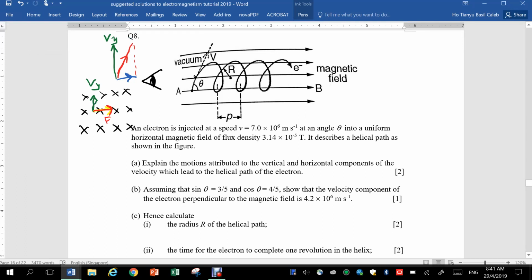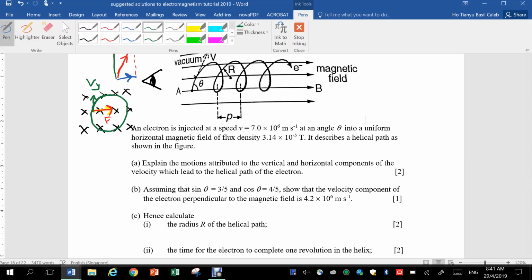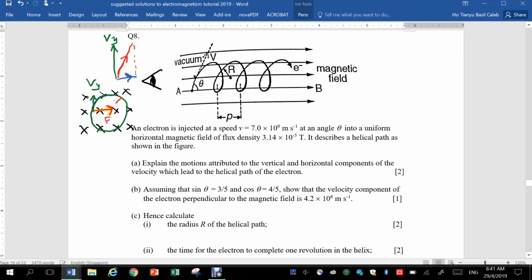It will then turn and move in a circle. Why is this so? Because at every point of the circle, it will experience a force that's perpendicular to its movement, pointing to the center of the circle. Here we remember the centripetal force is provided by the magnetic force.